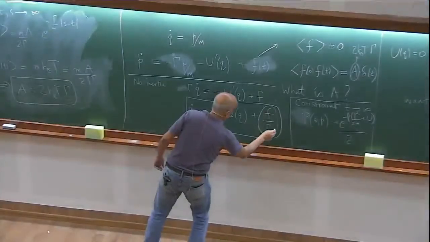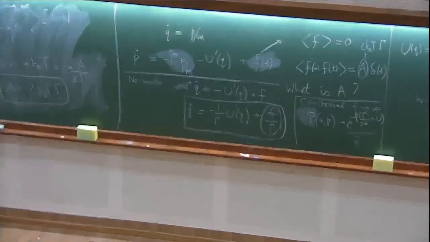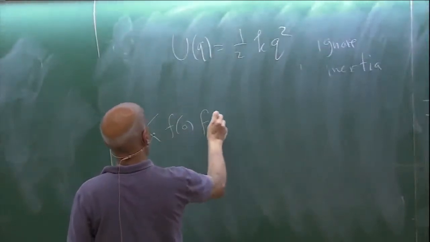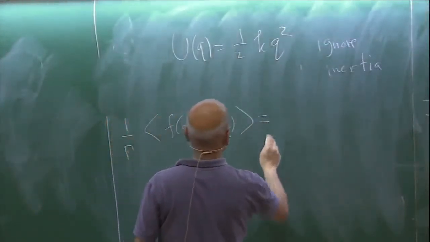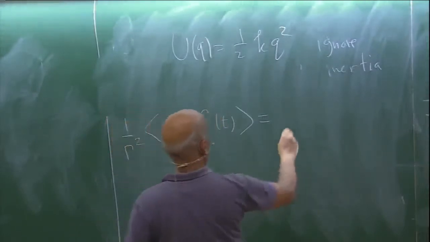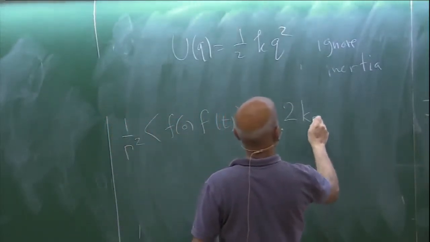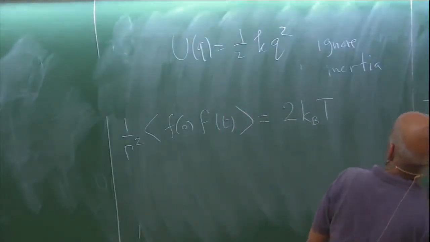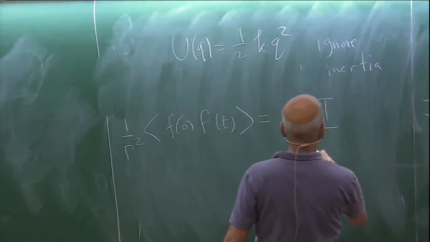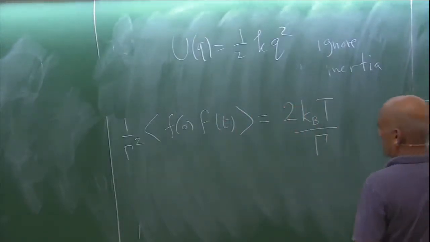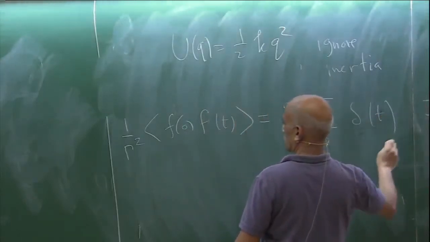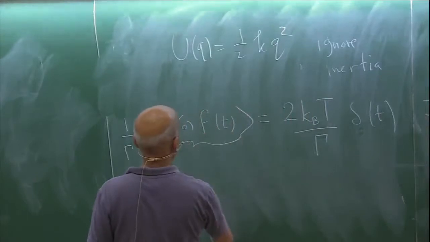Then immediately here you can see that you want 1 over gamma squared times f of 0, f of t to be equal to, that is to say, this we said was a.